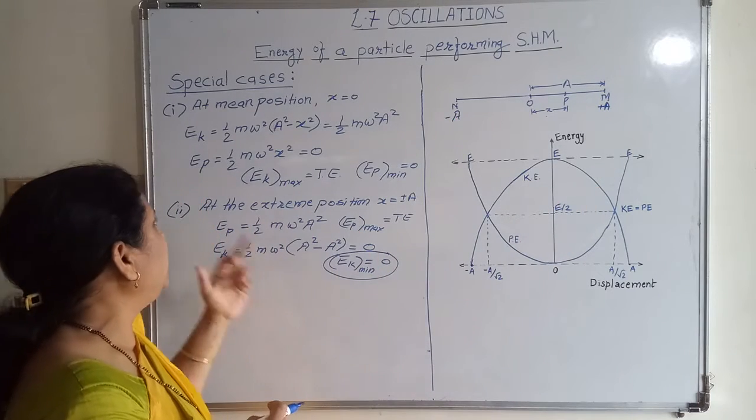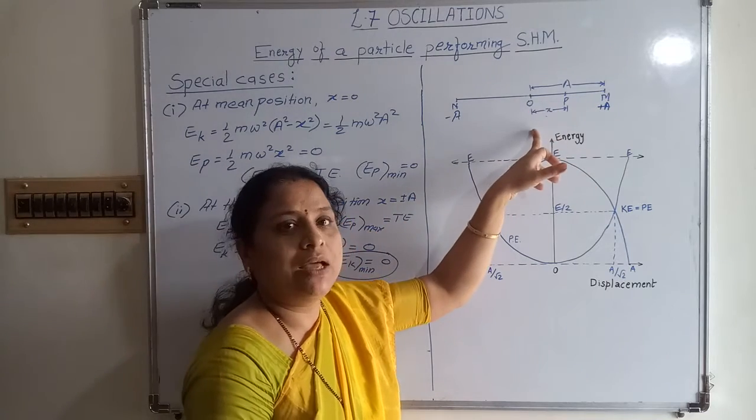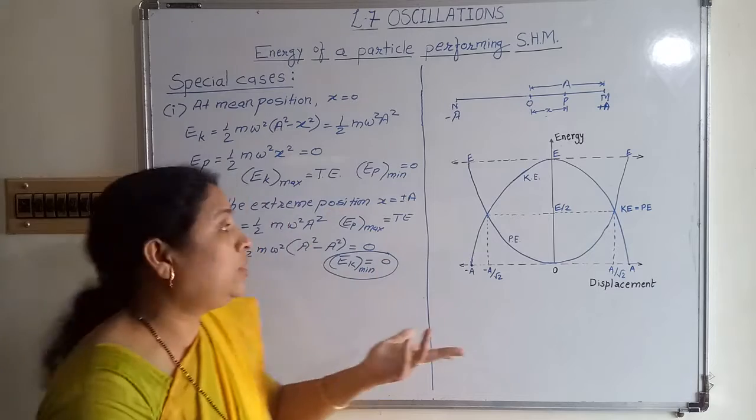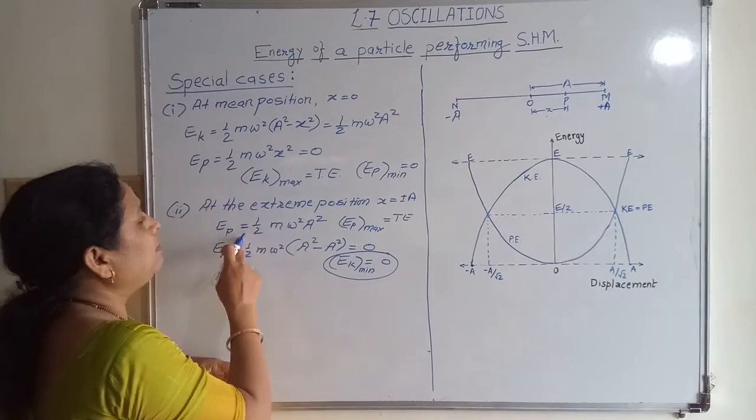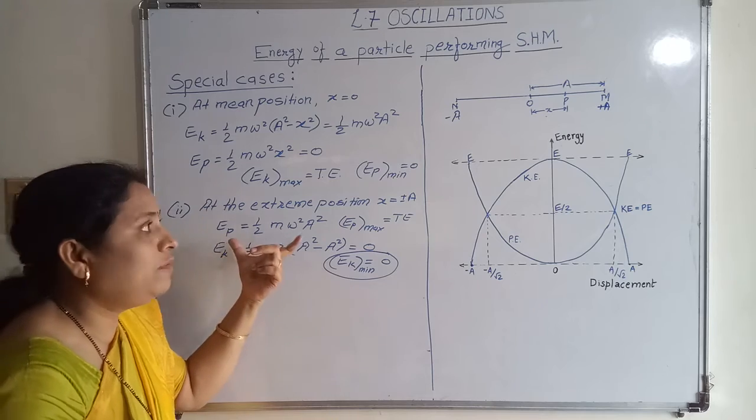The potential energy is maximum at extreme position and minimum at the mean position. And the total energy, that is half m omega square a square, as we have discussed earlier, is always constant.